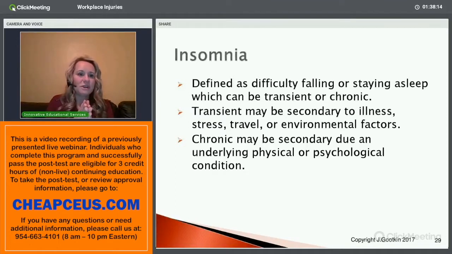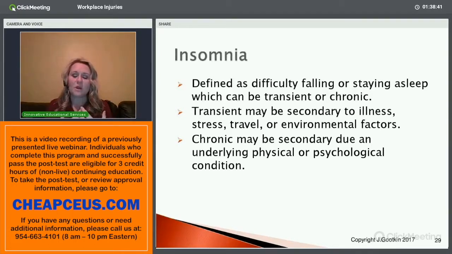Not just, oh, I'm a little stressed and overworked this week, it's busy season, so okay, I just need to get through the next couple months and I'll be okay, I'll get out at a reasonable hour. It's not due to travel or just certain intermittent risks or exposures that we have. Insomnia truly is difficulty falling or staying asleep for 3 nights a week, for greater than 3 months, and the individual wakes up not feeling rested.